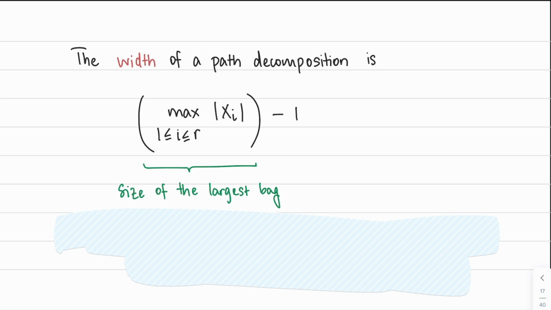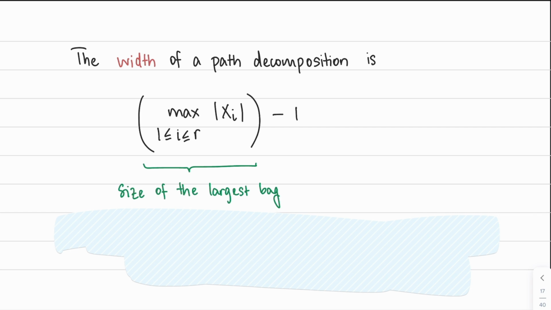And really, it's just a matter of convention and no cause for alarm. It's just to be able to say things like the pathwidth of a path is 1. So as we will see in a few minutes, that's indeed the case, and the minus 1 helps out with that. So it's really just a harmless convention and just something for us to remember as we go along.